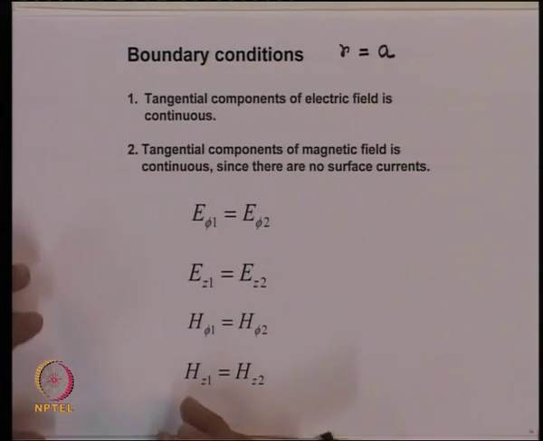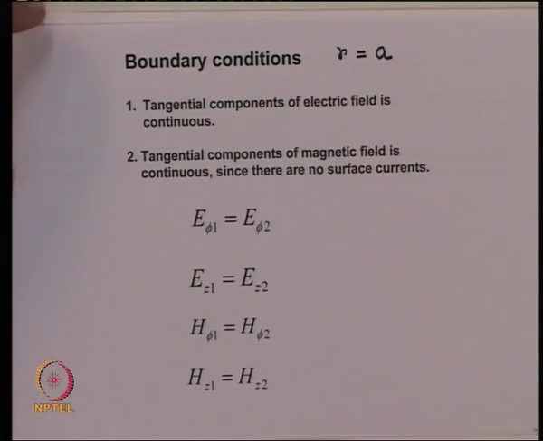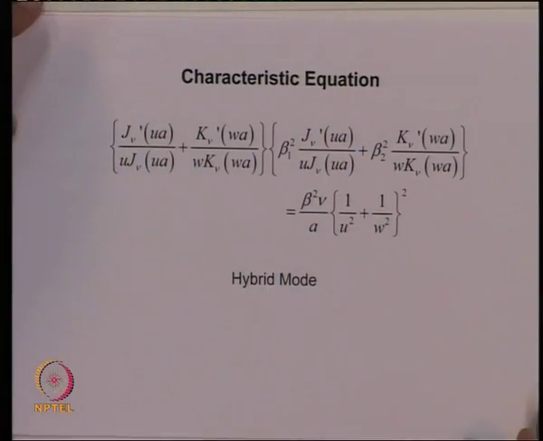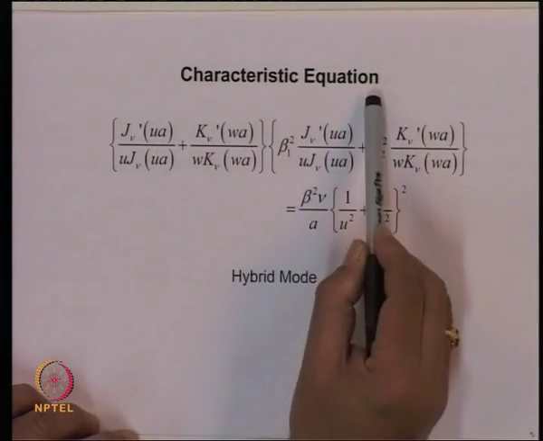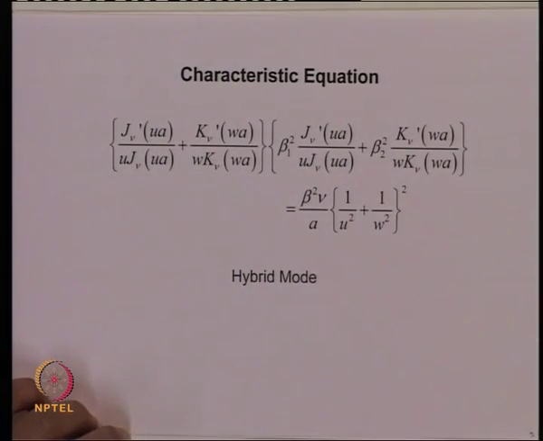So essentially what we can do is eliminate these quantities A, B, C, D from these 4 equations, and then what we get is the characteristic equation of the modal propagation in the optical fiber. So if I equate the tangential components and eliminate these arbitrary constants A, B, C, D, then we get the characteristic equation of a mode, which essentially is given by this.